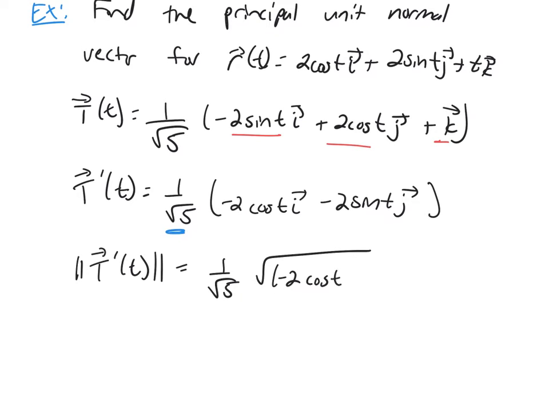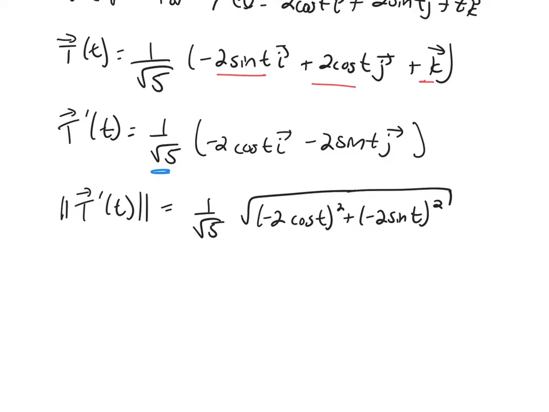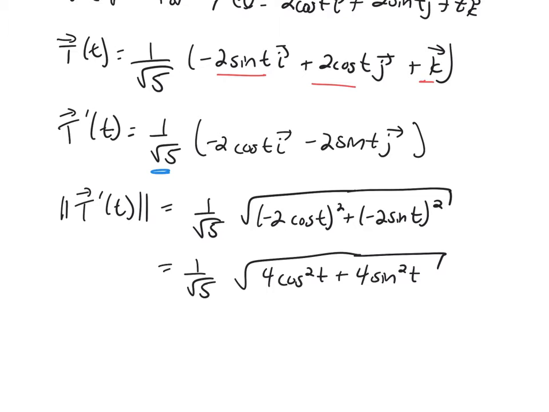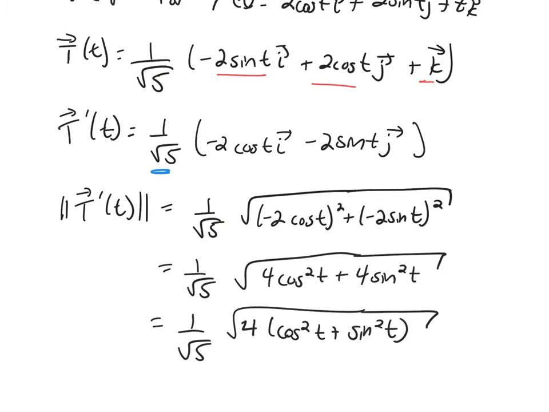And then I take the square root of negative 2 cosine t squared plus negative 2 sine t squared. So here I'm getting 1 over the square root of 5 times the square root of 4 cosine squared plus 4 sine squared. And if you factor out the 4, you'll be left with cosine squared plus sine squared, which is 1.